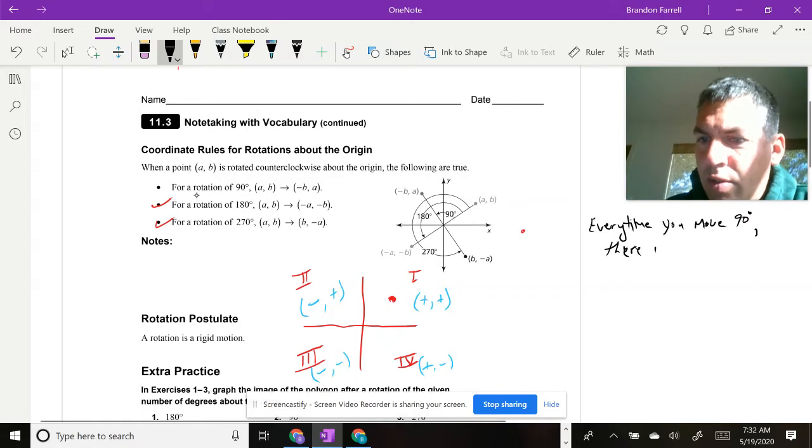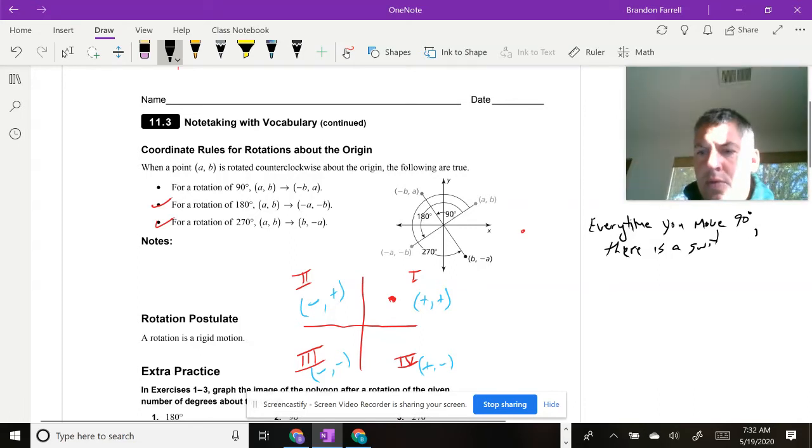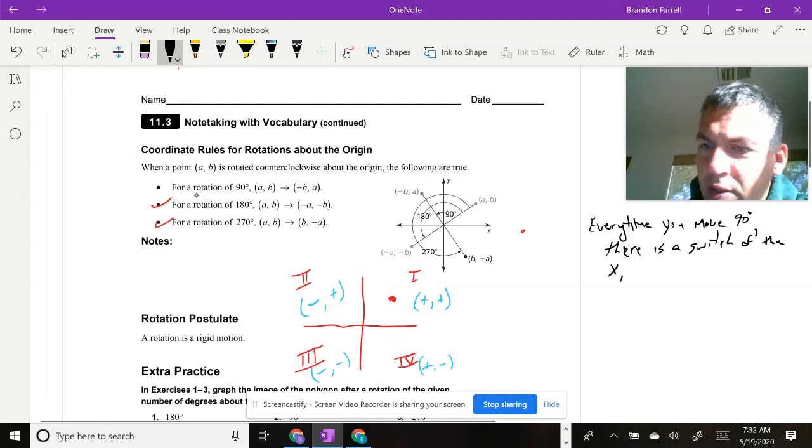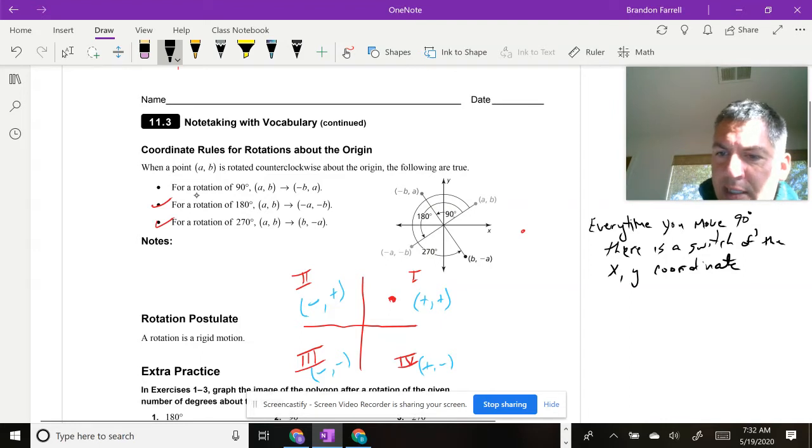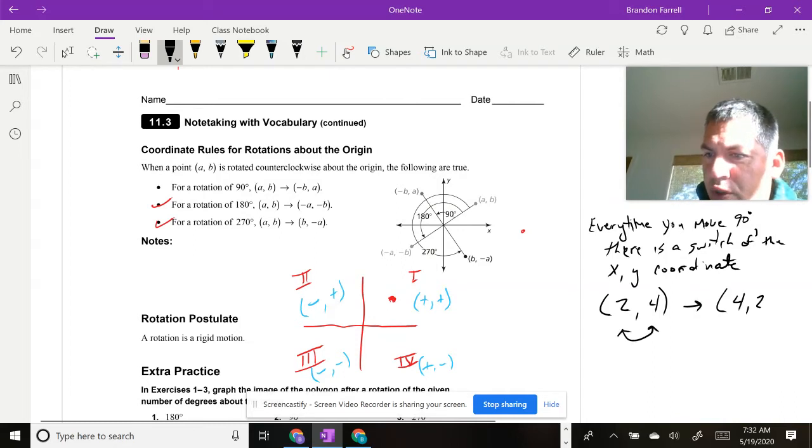There is a switch of the x and y coordinate. So as an example, 2, 4, switching the x and y's goes to 4, 2.